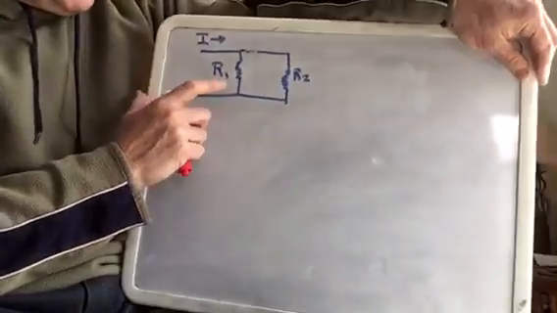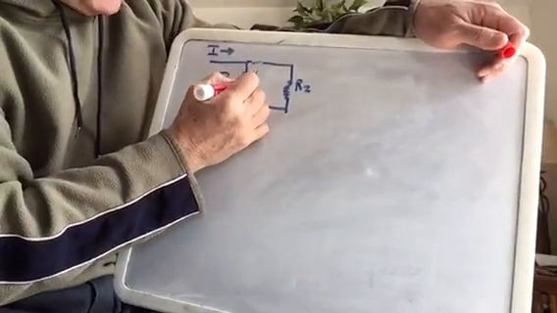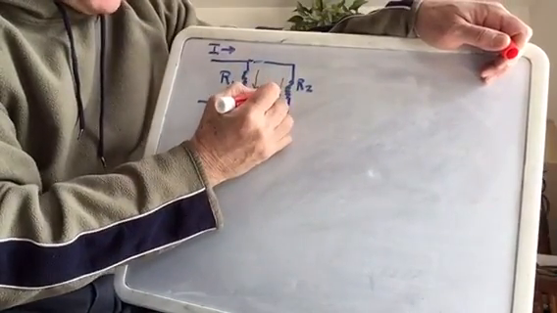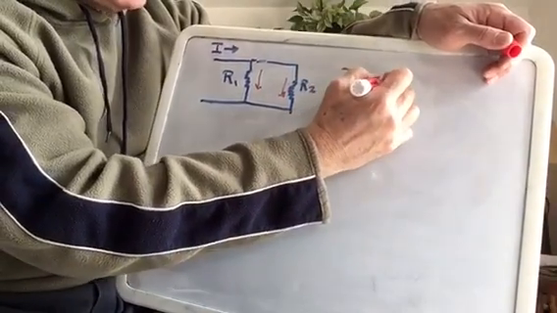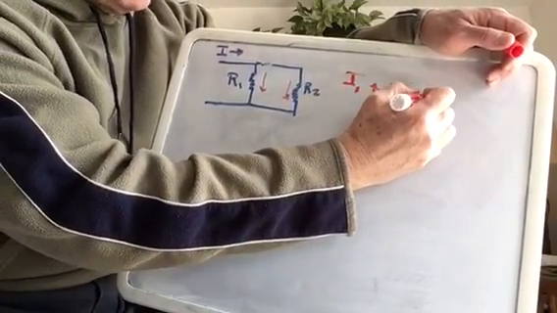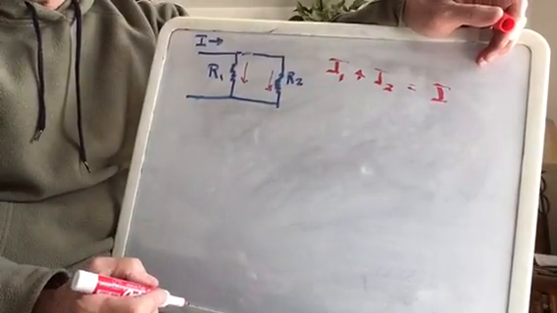First of all, if we call the first current going through resistor 1 I1, and the second current here I2, then it's going to be true that I1 plus I2 has got to be equal to I. Okay, so that's a useful relationship for current splitter options.